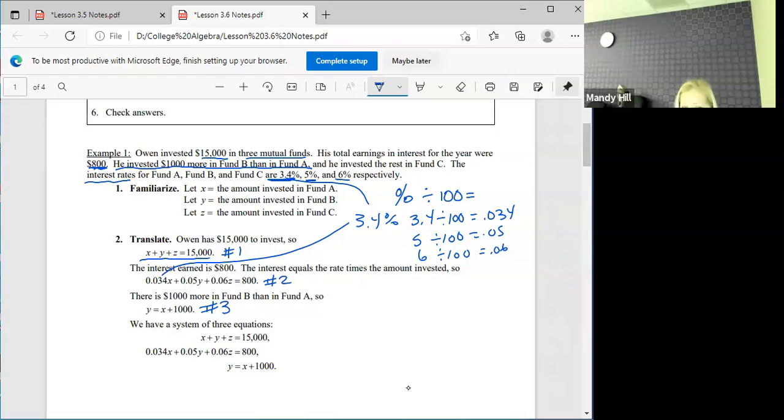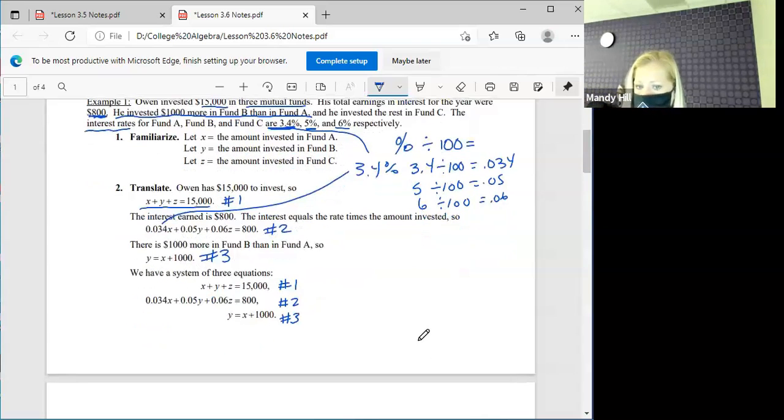And then it says he invested the rest in Fund C. So this was the first equation we found, this is the second equation we found, and this is the third equation we found.